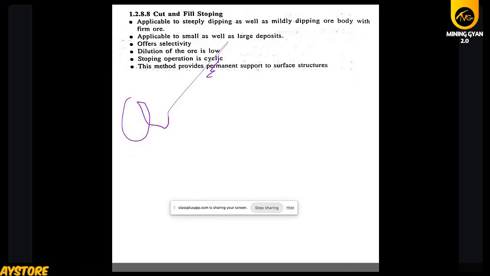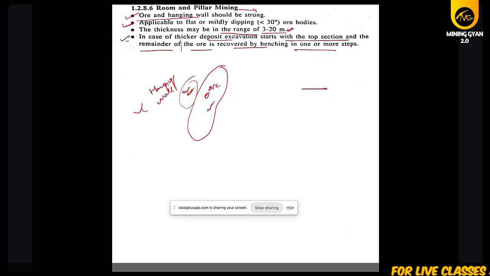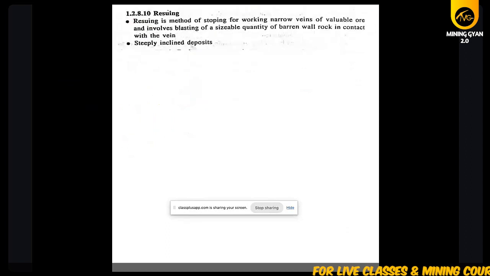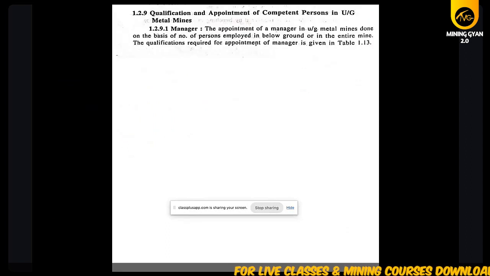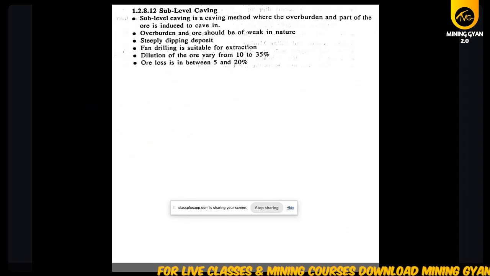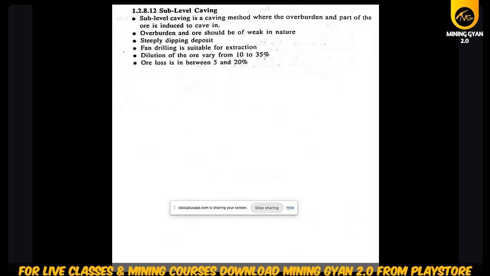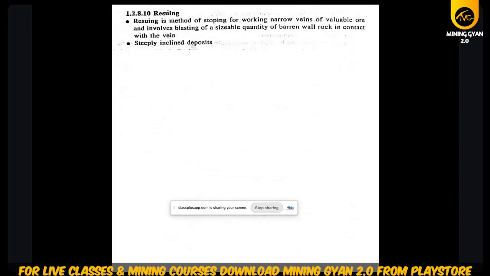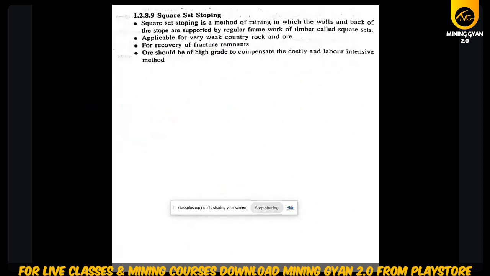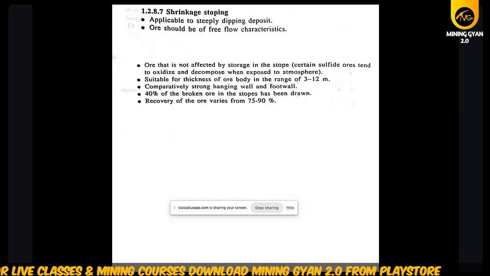Block caving, and cut and fill also we have to discuss. Shrinkage, cut and fill, block caving, sublevel caving. Okay, we have discussed stoping methods, and now we have to come to caving methods. First, shrinkage stoping method we have to discuss.